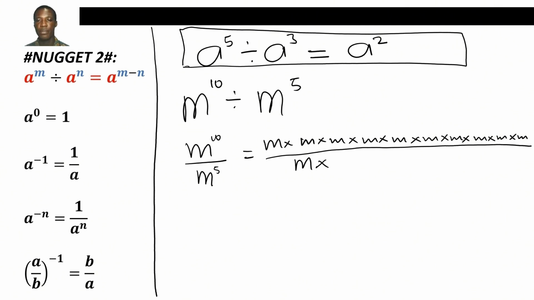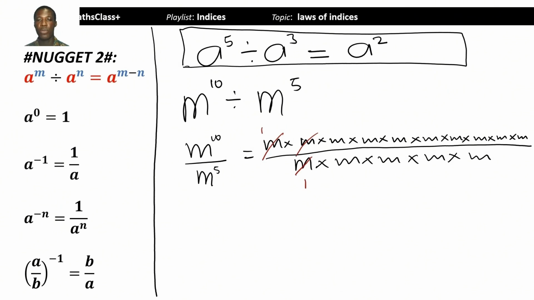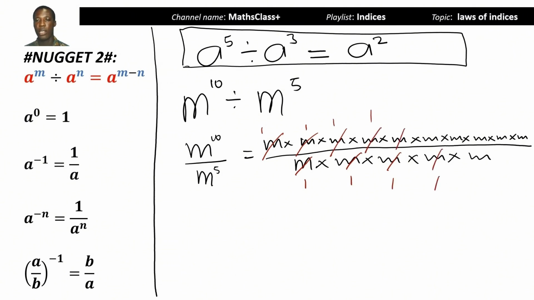Okay, so now I have them like this. Let's cancel out the common factors. So m goes here, 1 goes here. M goes here, 1 goes here. M goes here, 1 goes here. M goes here, 1 goes here, and then here 1.